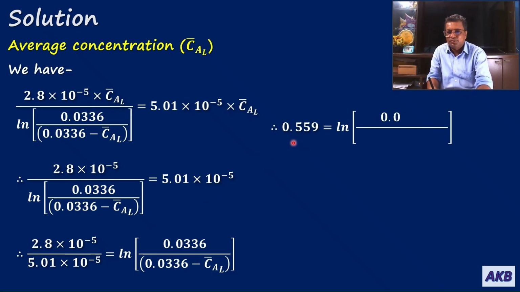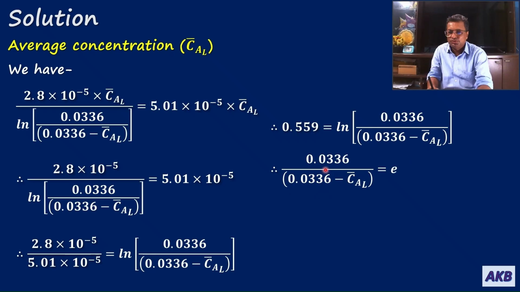So this division is 0.559, that is equal to ln of 0.0336 divided by 0.0336 minus CAL bar. I will take anti-log on both the sides.